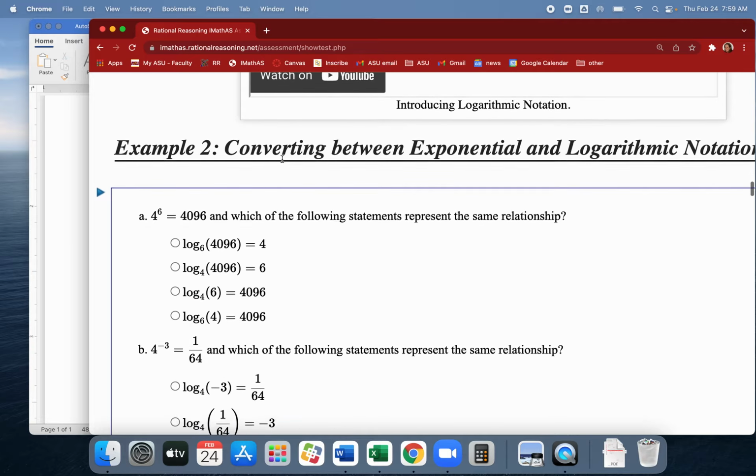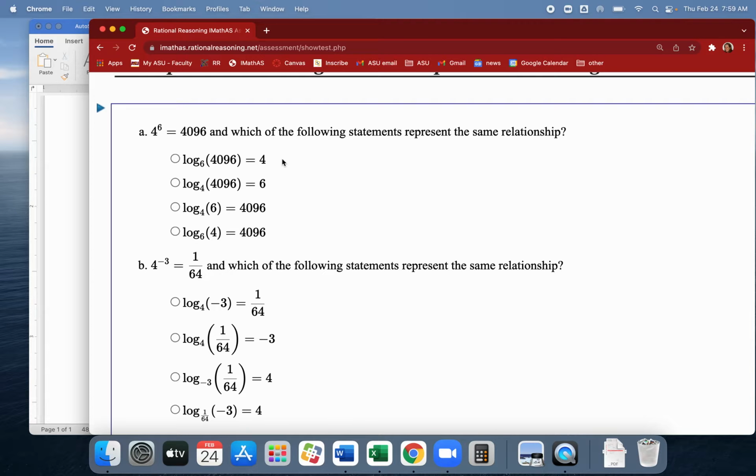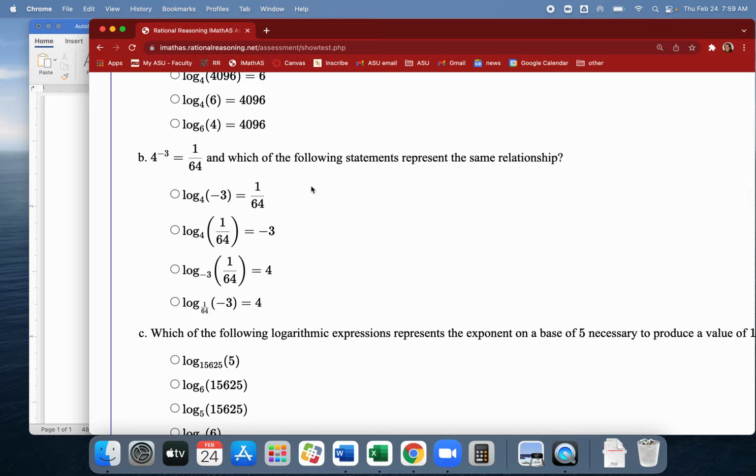So, video. There's some questions in here about converting back and forth, so we just did some of those. But just as a quick reminder, negative exponents mean reciprocals.